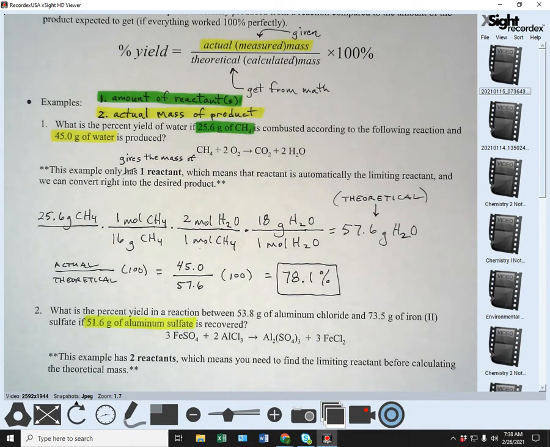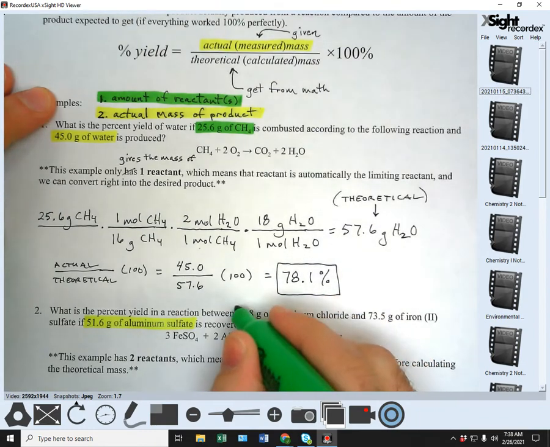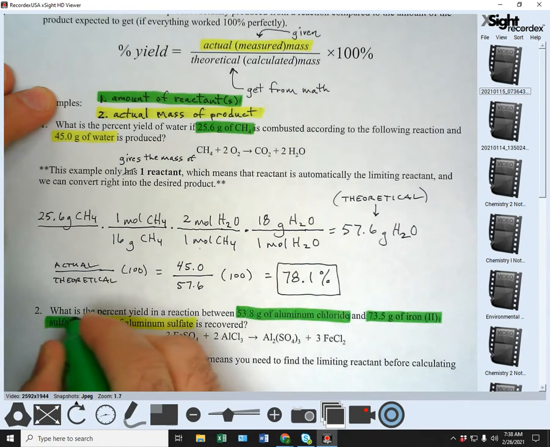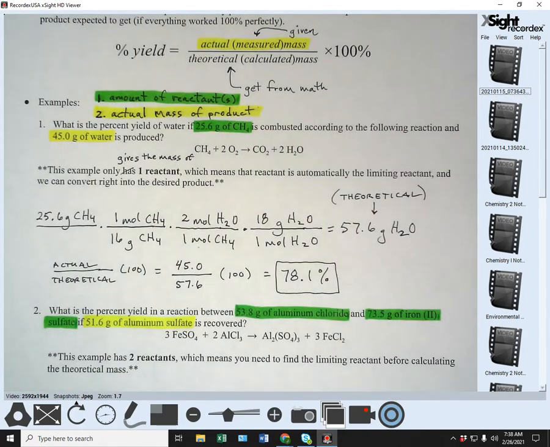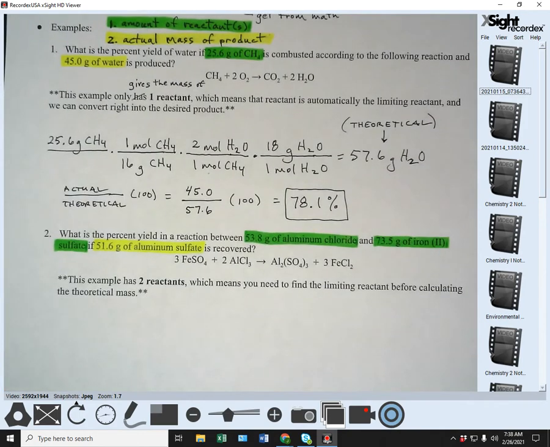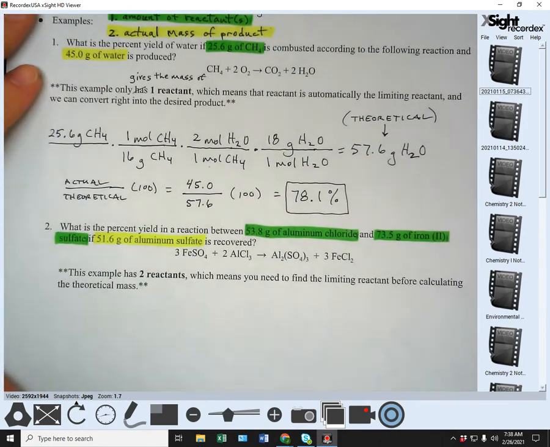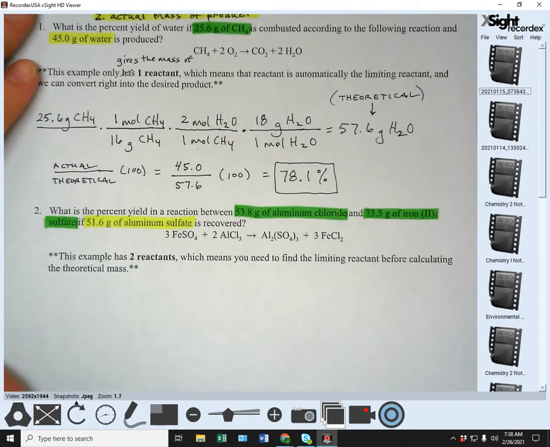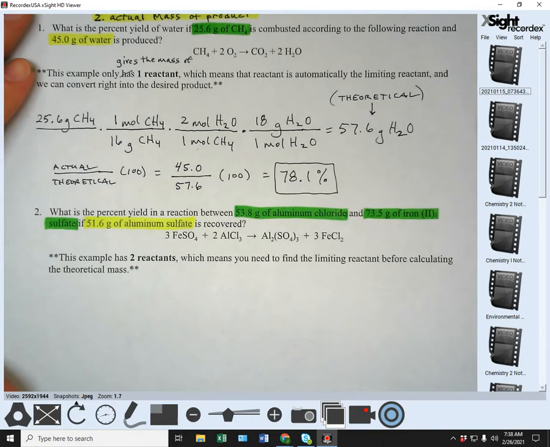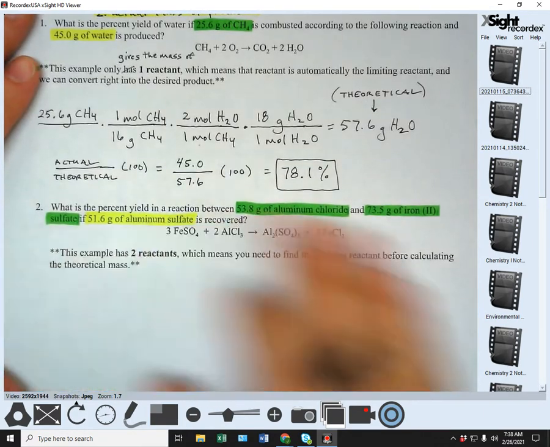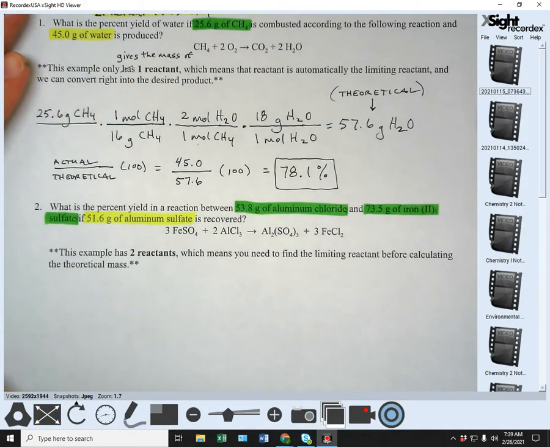Okay, which means, as we already looked, these other two things are our reactants. Okay, now I'm going to show you 2 ways to go about solving this when you've got 2 or more reactants.